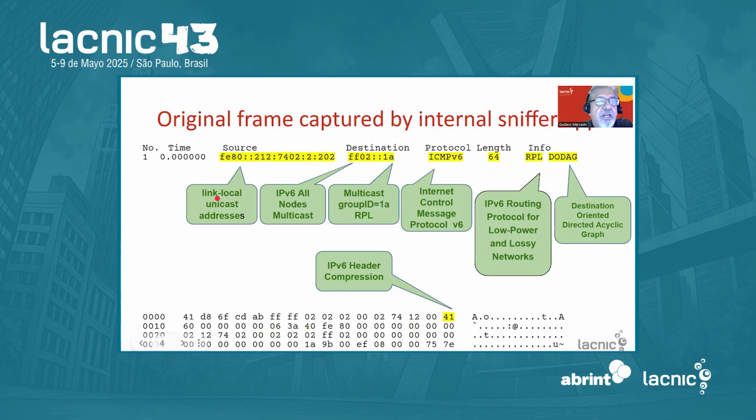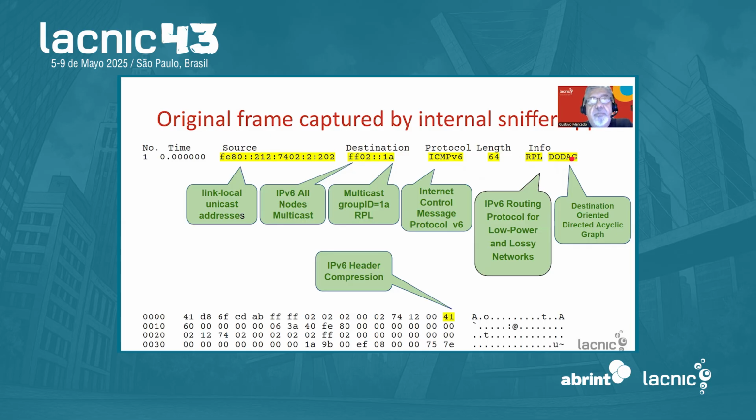This is FE80, which is called a link-local unicast address, and for the destination we have an FF02, which is a multicast. The 1A means all the nodes that have RPL installed in their link local, and the protocol is ICMP version 6, another transport layer protocol. It is 64 bytes long, and the info refers to the routing protocol RPL and the denomination DODAG.